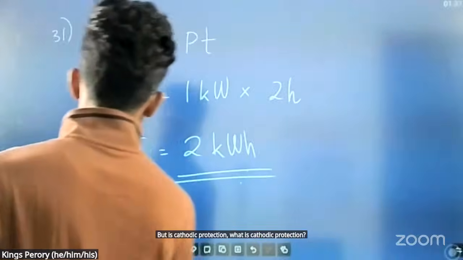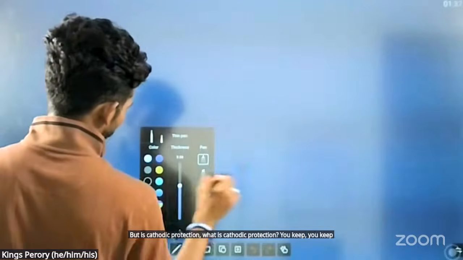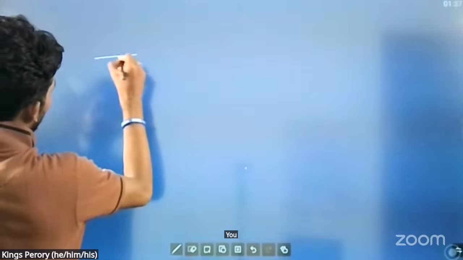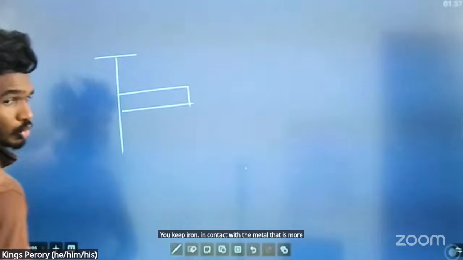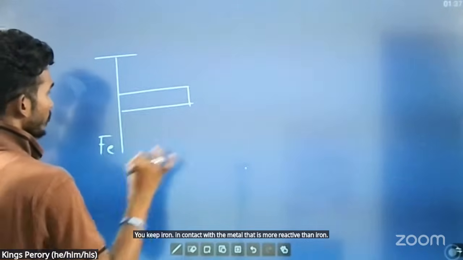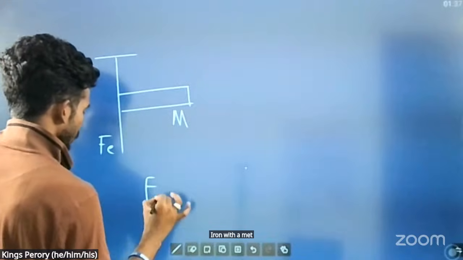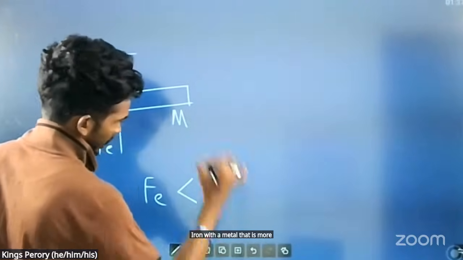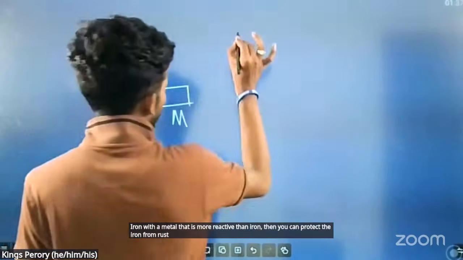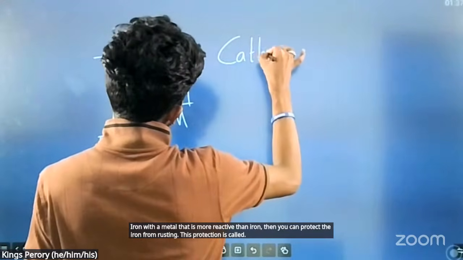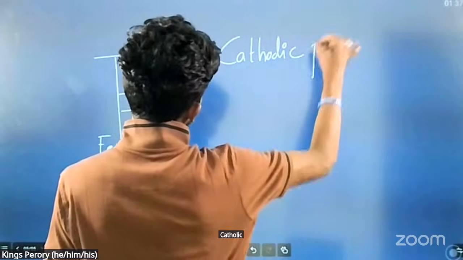You keep iron in contact with a metal that is more reactive than iron, then you can protect the iron from rusting. This protection is called cathodic protection.